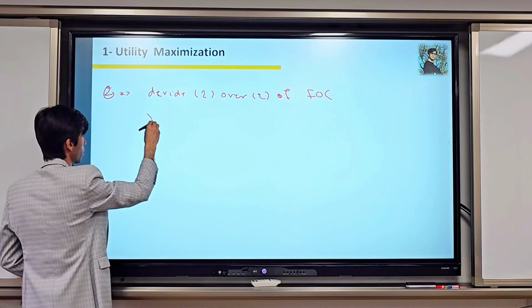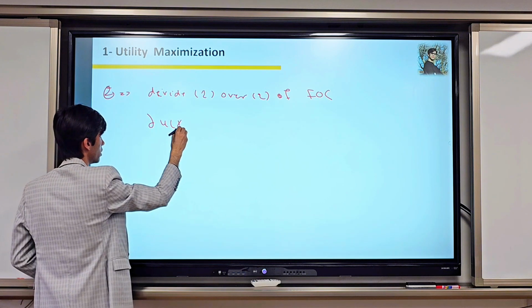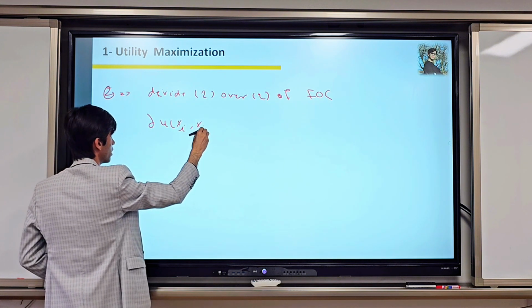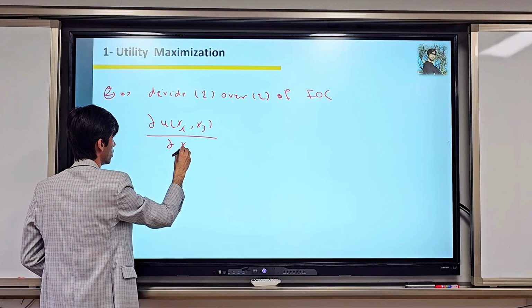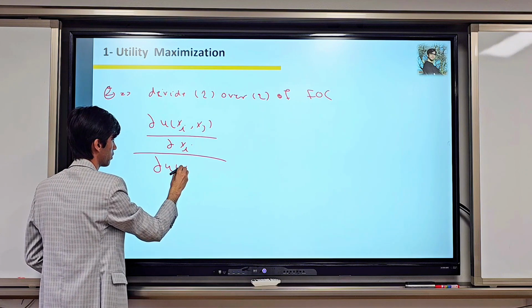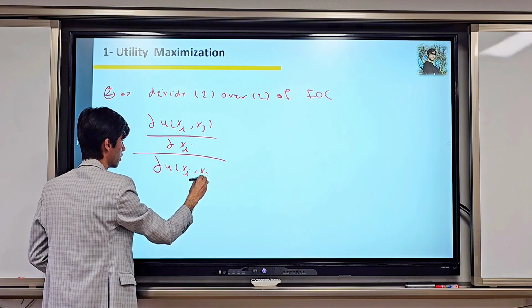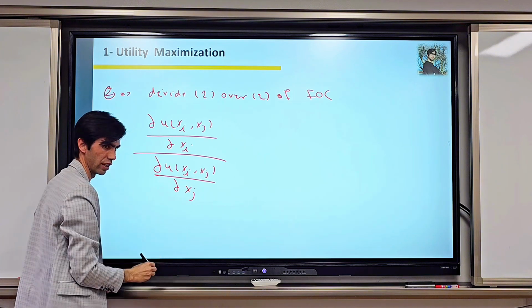So it will remain the partial derivative of u(xi, xj) with respect to xi divided by the partial derivative of u(xi, xj) with respect to xj.